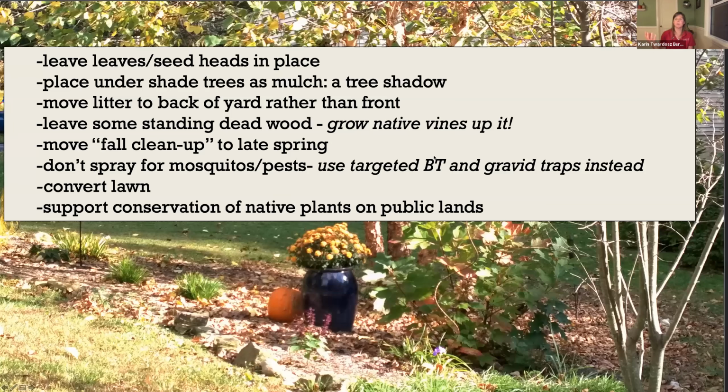Maybe you could grow some native vines up that. Move your fall cleanup to late spring. Gardens don't look that great in the winter anyway, in my opinion, so might as well make them more functional. And lastly, try to convert some of your lawn and support conservation of native plants on public lands.